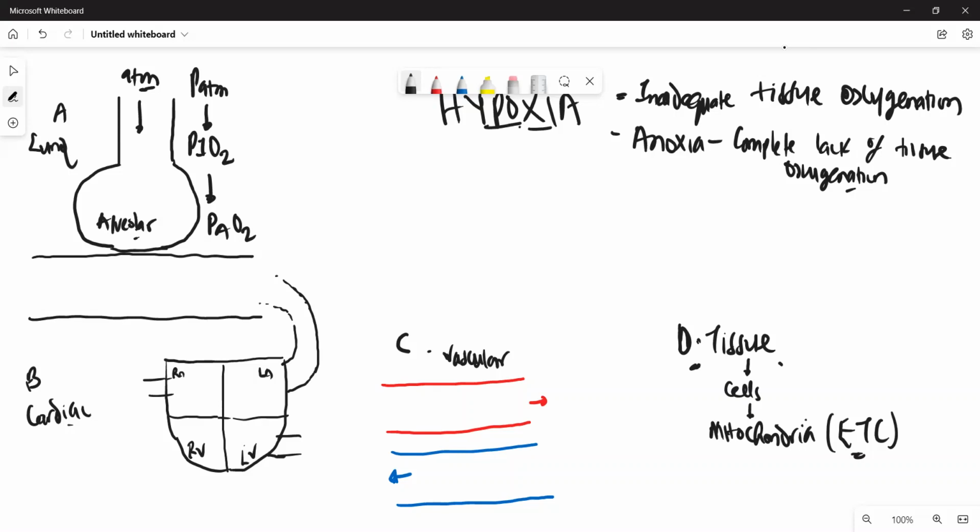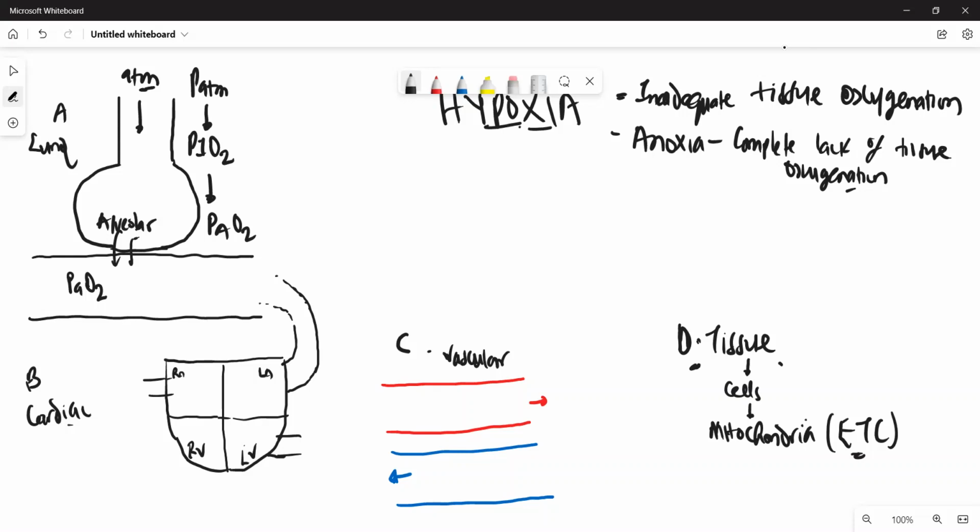And then once the oxygen diffuses through in exchange for carbon dioxide, the oxygen is going to dissolve in the plasma. The oxygen that dissolves in the plasma is what we call PaO2, the partial pressure of oxygen in the plasma.